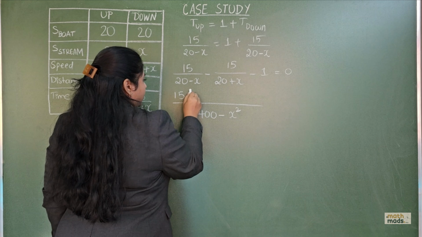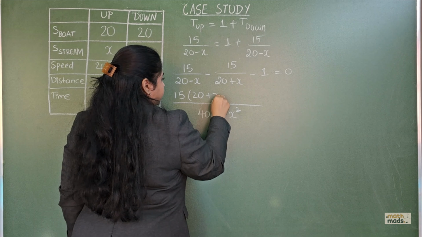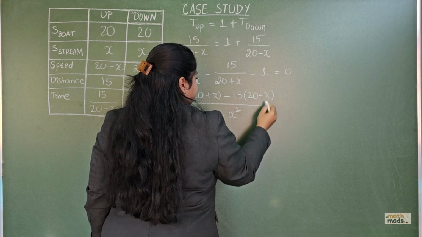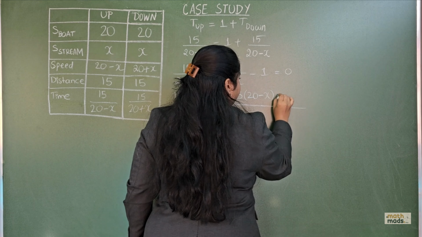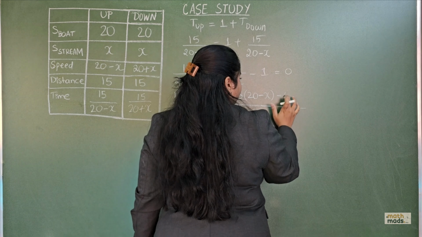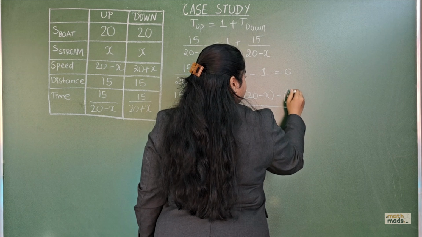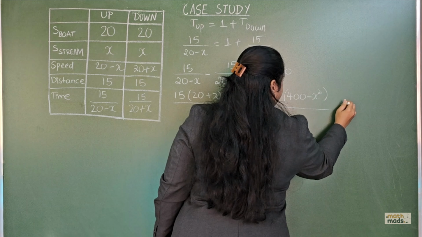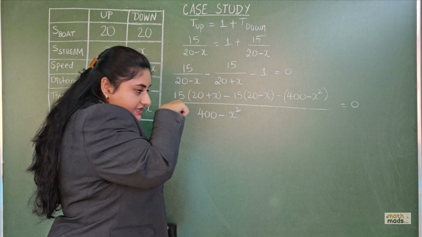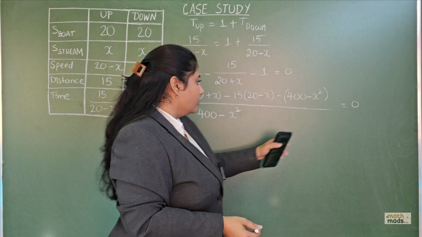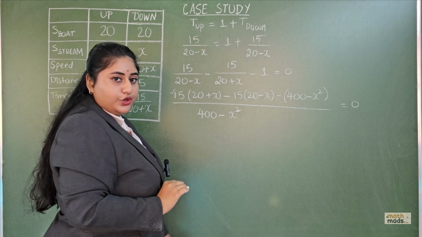So 15 into 20 plus x minus 15 into 20 minus x, minus 1 into the LCM. What is the LCM? 400 minus x square. So I will get minus 400 minus x square, which is equal to 0. Now in the next step, if I send 400 minus x square to the other side, what happens? It becomes 0. So let me work only with the numerator.